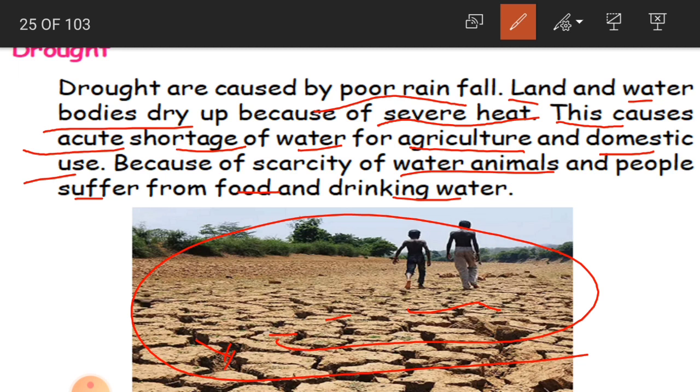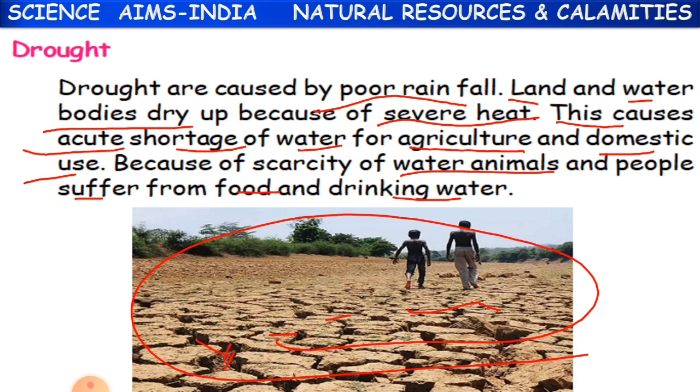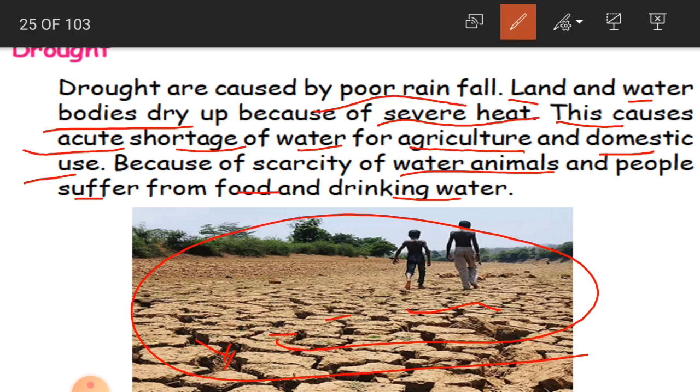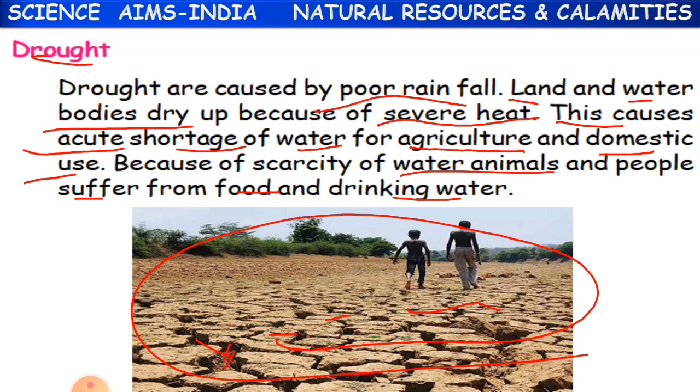As I said, not only us, even animals and plants are going to die. If not die, at least they'll suffer a lot because of this condition, which we call drought. Drought. Clear, children? Why is there drought?